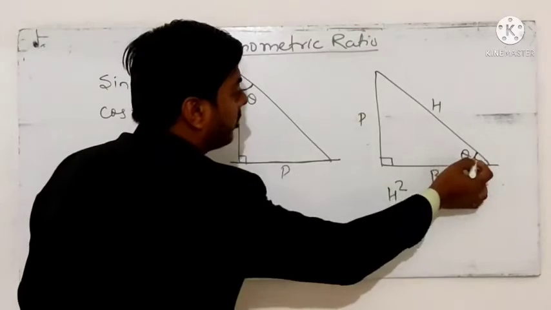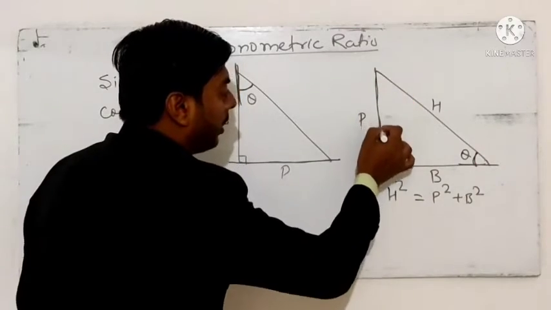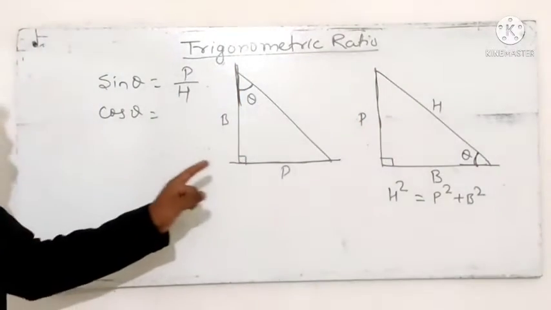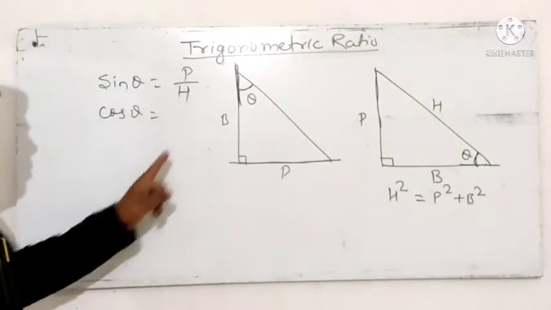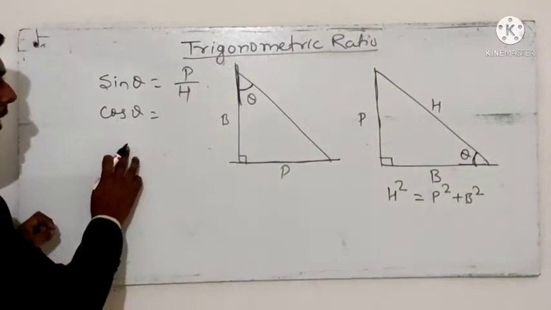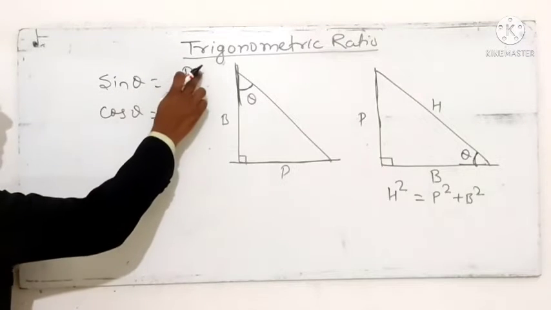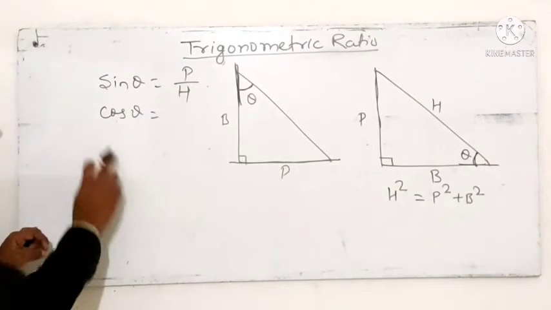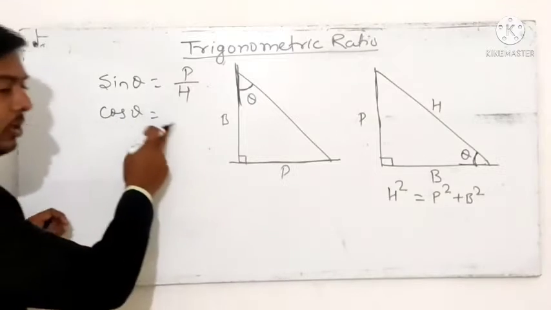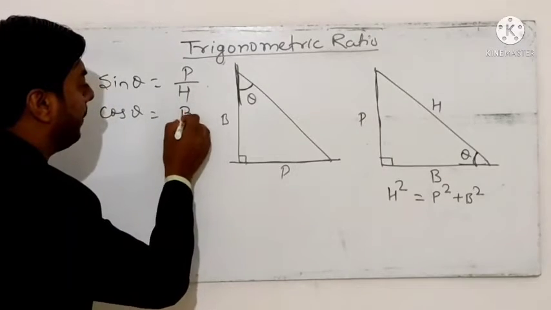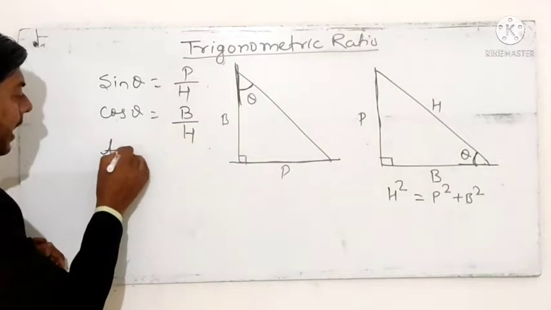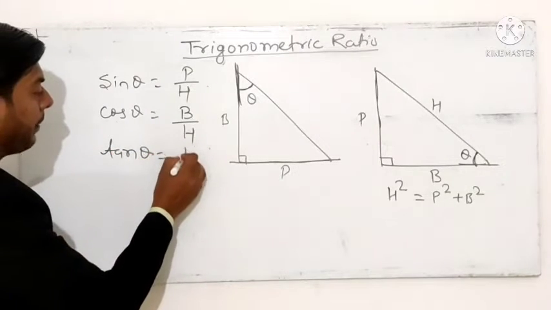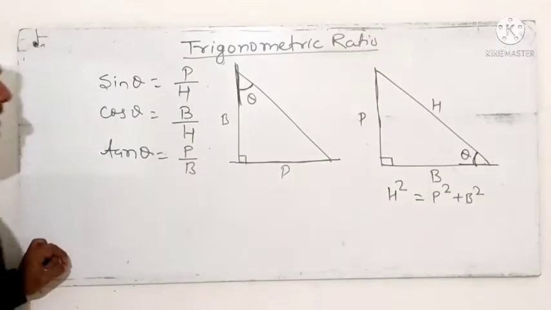According to this concept, you can find each and every angle and the correct value of it. So sin theta is perpendicular by hypotenuse. Cos theta is base by hypotenuse. And tan theta is perpendicular by base.